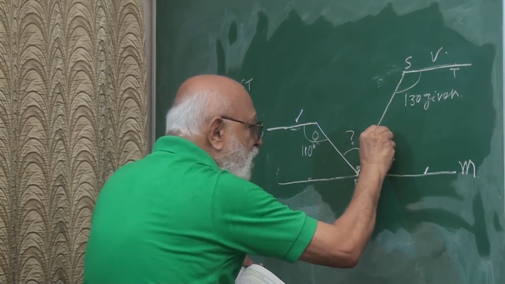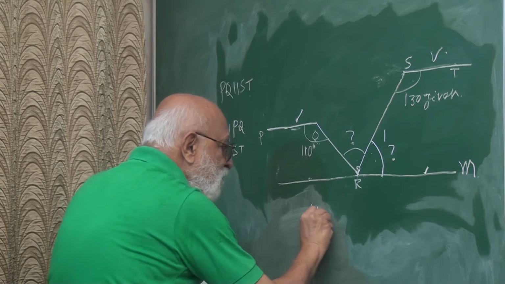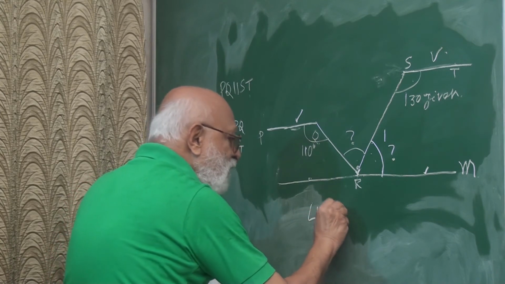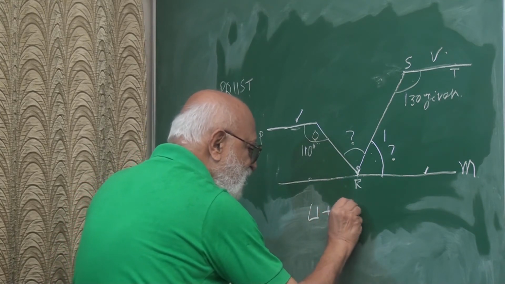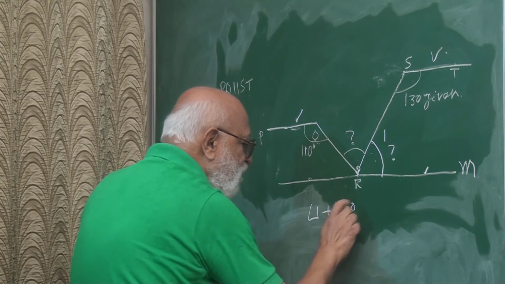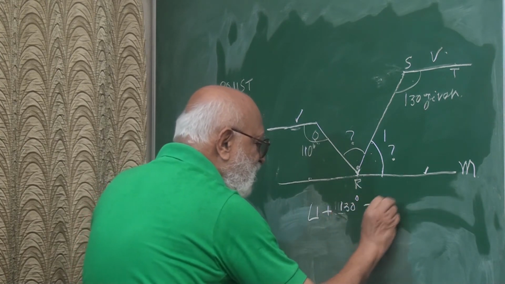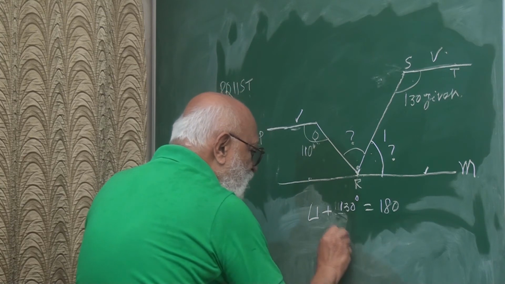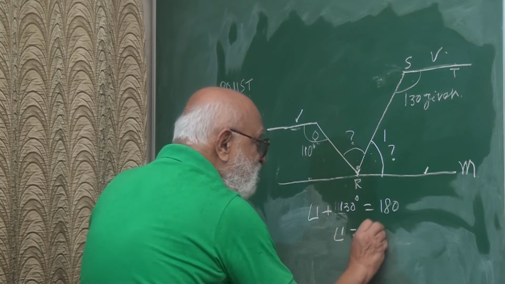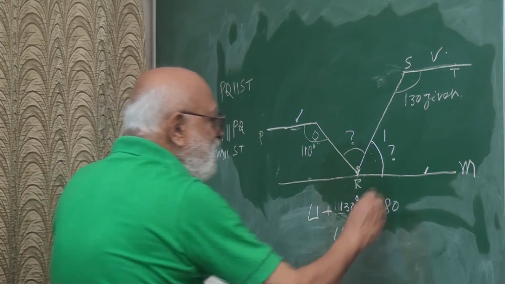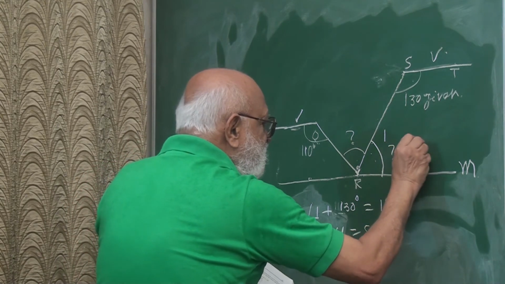So let us call it angle 1. Angle 1 plus 130 degrees, which is given, is equal to 180. So angle 1 is equal to 50 degrees. So this angle I know now, it is 50 degrees.